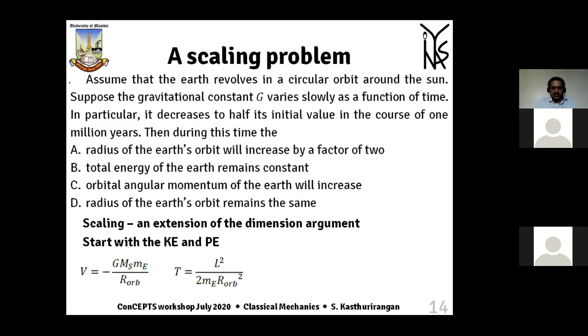In this case, we are saying that G times R orbital turns out to be constant. Therefore, G divided by R orbital will not remain constant, it will change. So the potential energy will change, the kinetic energy will also change, and therefore the sum of the potential and kinetic energy will also change, and so the total energy remains constant is not a correct option.